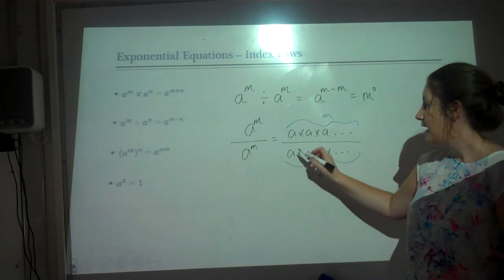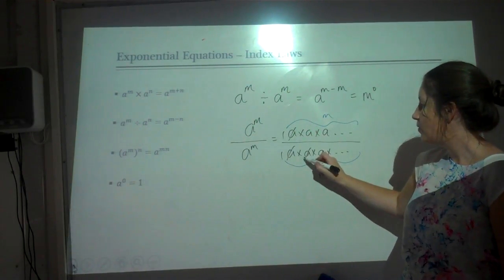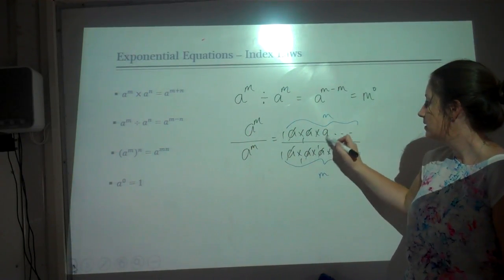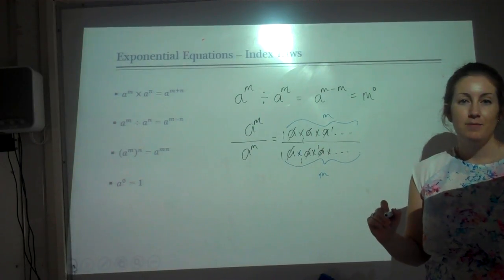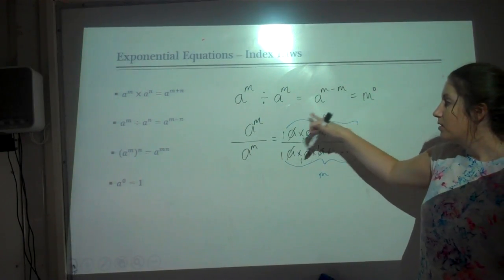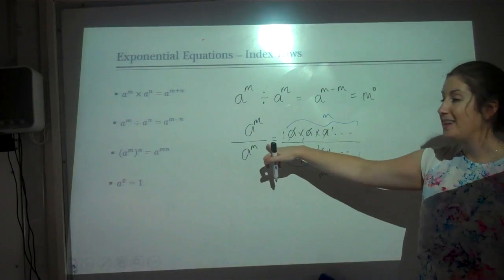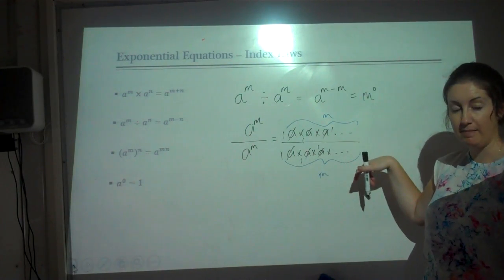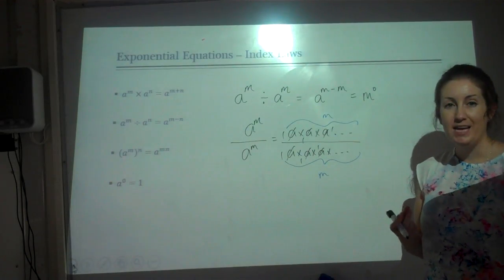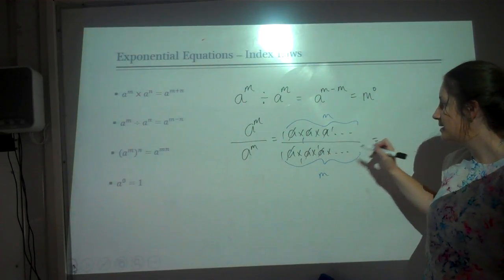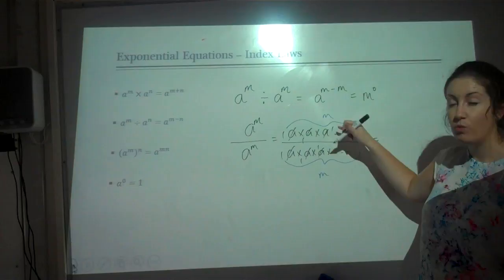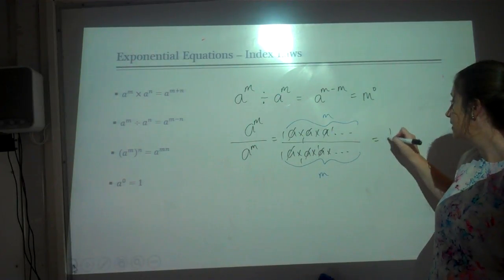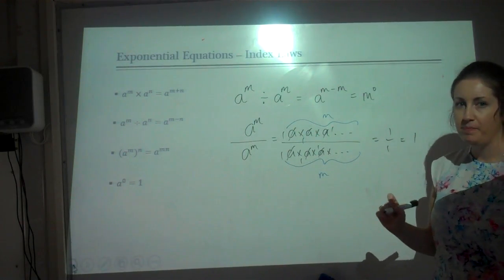When I'm cancelling, a goes into a once, a goes into a once, once, once. As I keep cancelling, because these values are the same, there will be the same number of a's in the numerator as there are in the denominator. That means that all of our a's will cancel out, and we will just be left with 1 times 1 times 1. We'll be left with 1 over 1, which equals 1.